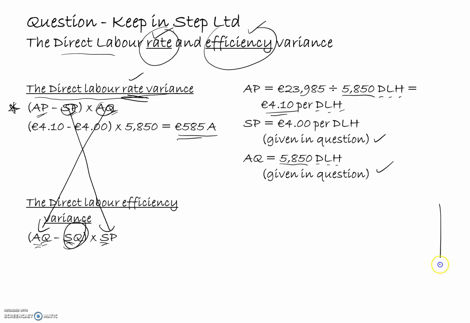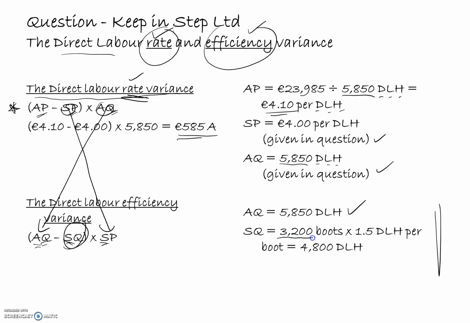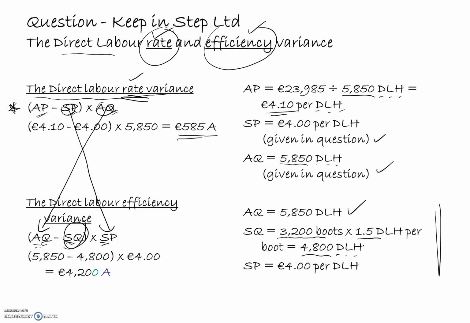We put the workings over here. Actual quantity given. Standard quantity, 3,200 boots were actually made. Should take an hour and a half per boot. So that's 4,800 DLH, direct labor hours. And standard price, €4. So if I pop all that information in, I'll get 4,200 of an adverse variance.